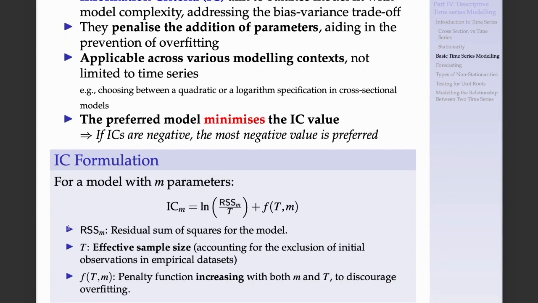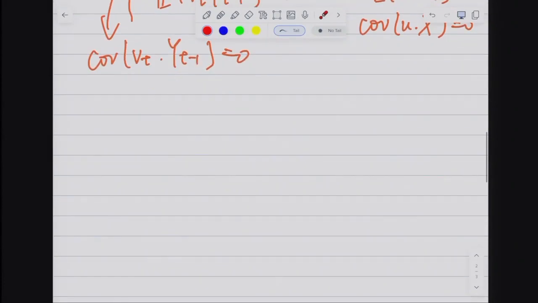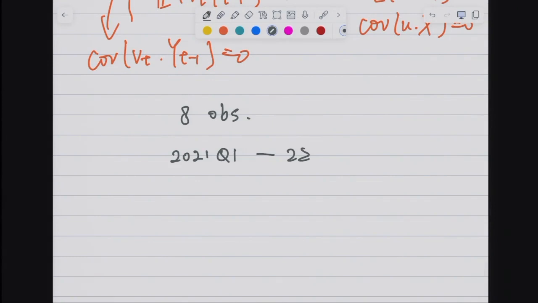Just as a very simple illustration, imagine we have a sample of 8 observations, from 2021 Q1 to 2022 Q4. These are quarterly data, so there are 8 observations in the data set.